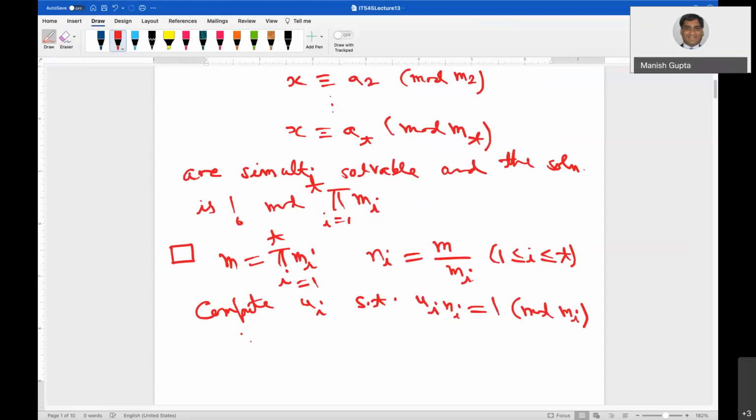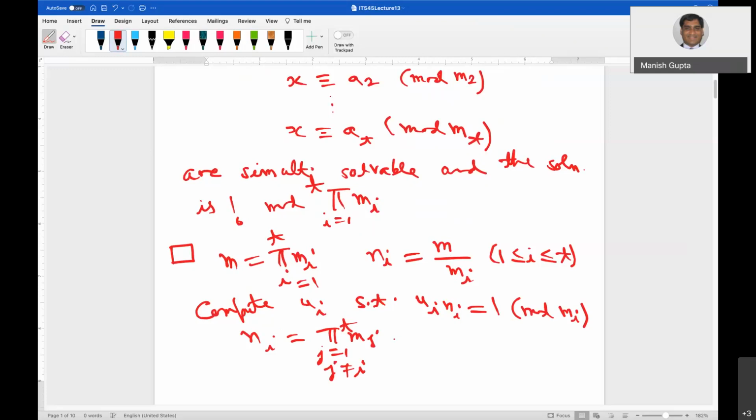Now ni is nothing but the partial product of mj, j equal to 1 to t and j not equal to i. The ith component is missing because mi will cancel actually.